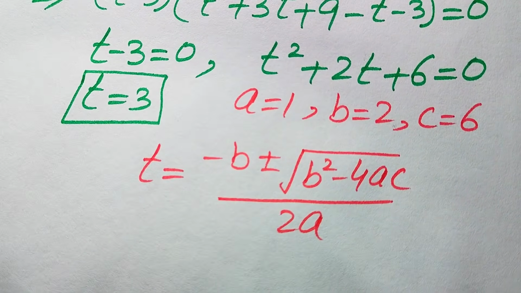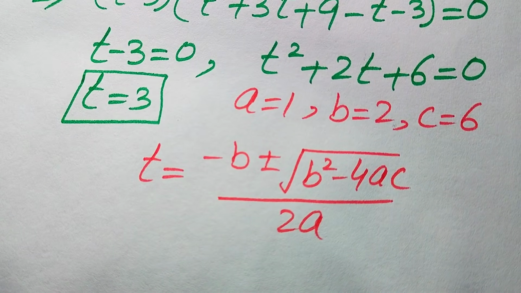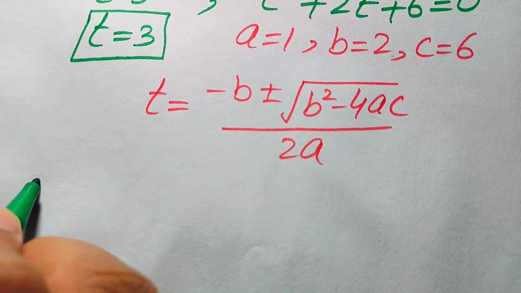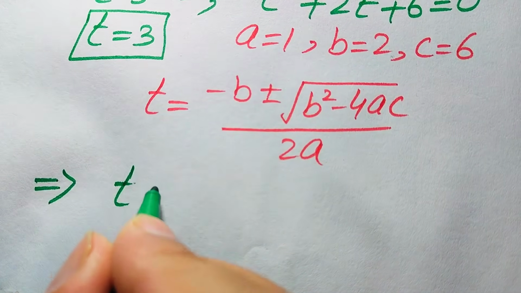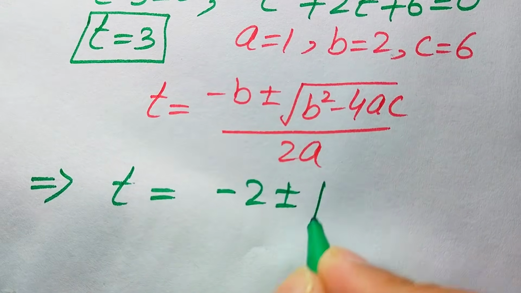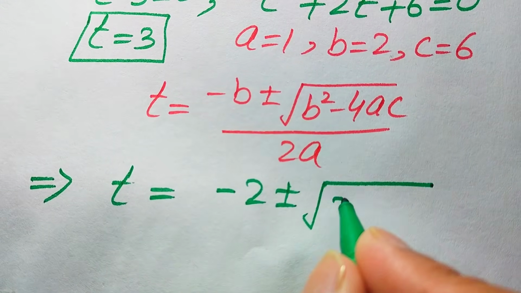So here we substitute all the values of a, b, and c in this formula, and we need a little bit more simplifications. So after substituting these values, it will be written as t equals to minus b. The value of b is 2, so minus 2 plus minus square root of b square.